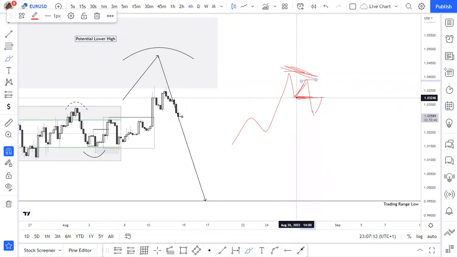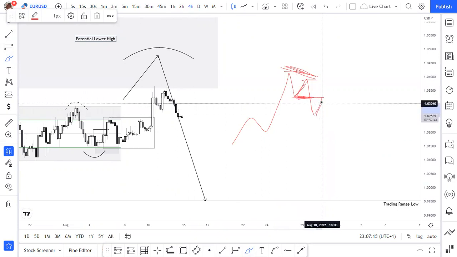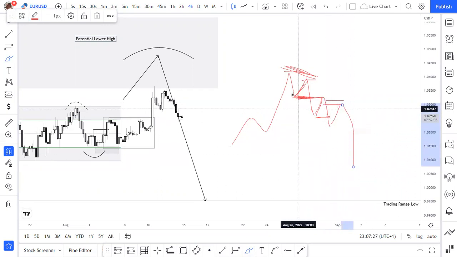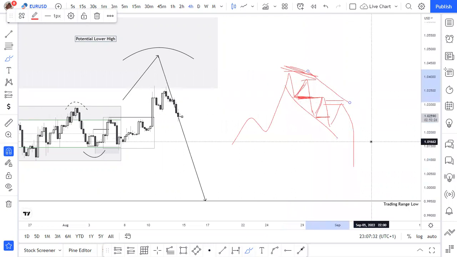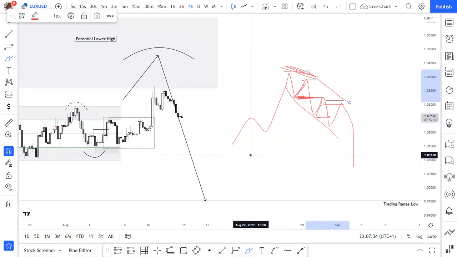You can say that this is a supply range. I want to see price pull back into this range, respect the range and make a lower low. Then I can look for a trade whenever price pulls back into this and continues the structure being formed somewhere here. So that's how I look at shifts in market structure.